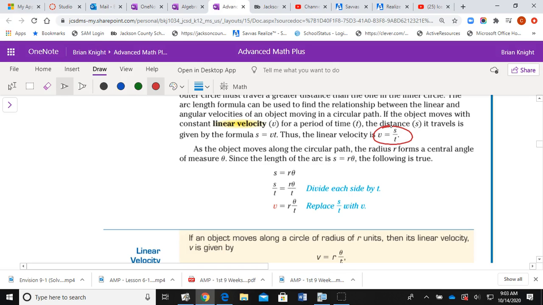Velocity is distance divided by time, or distance is velocity times time, however you want to think about it. If you're going 60 miles an hour for 2 hours, how far did you go? 120 miles. That's just basic stuff right there.